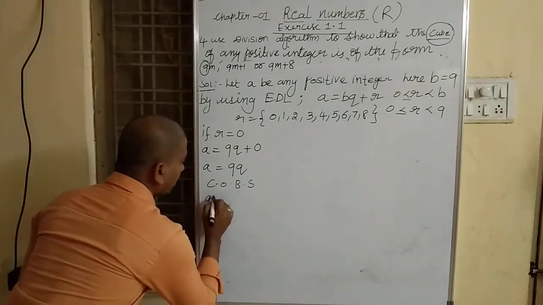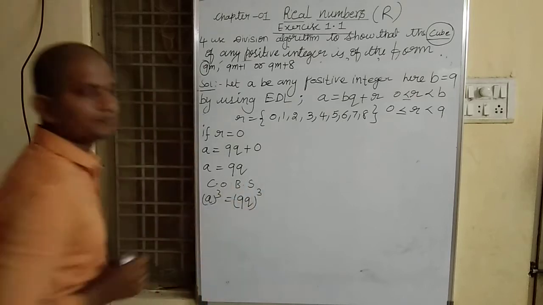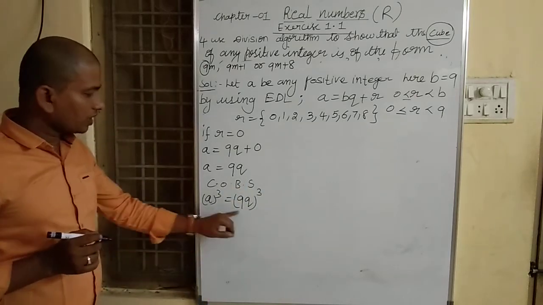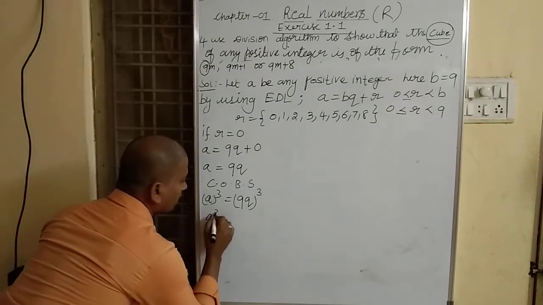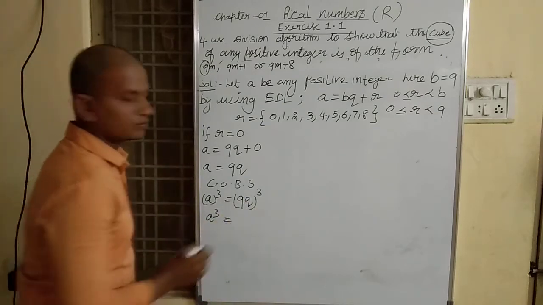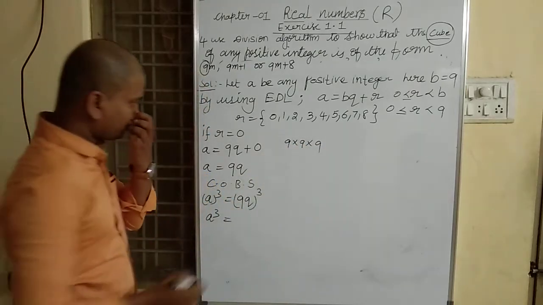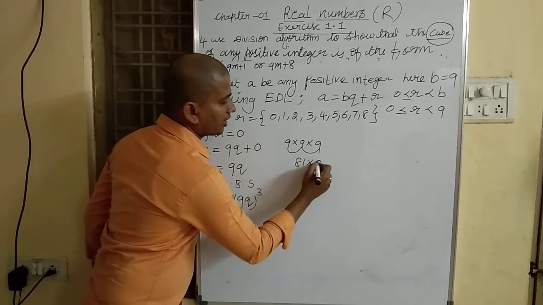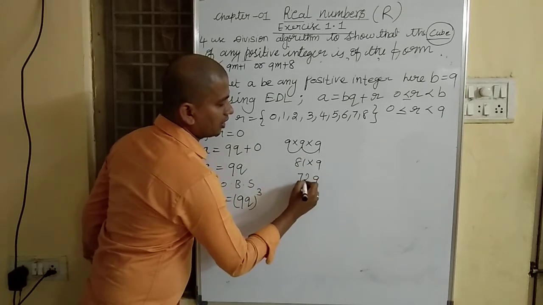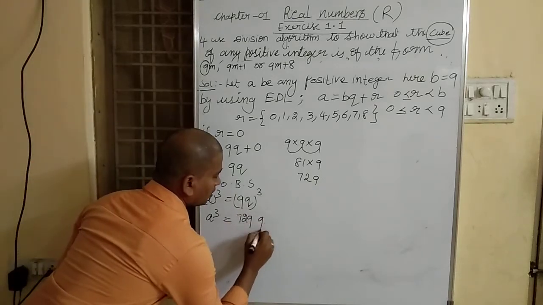So a cube equal to 9q whole cube, that is 9 cube q cube. 9 into 9, 81. 81 into 9, that is 729 q cube.